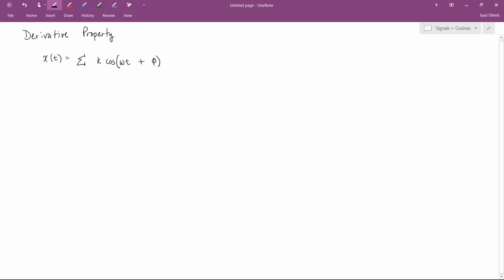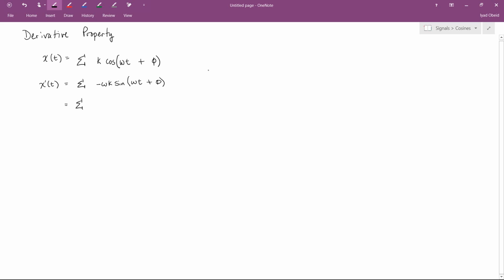And as long as we can calculate k and phi, we can effectively express our signal x as a function of cosines. Now, if that's true, what can we say is true about the derivative of x of t? Well, to work that out, we have to take the derivative of a cosine. And that's going to give us negative omega k sine of omega t plus phase, which we can rewrite using the trig identity.